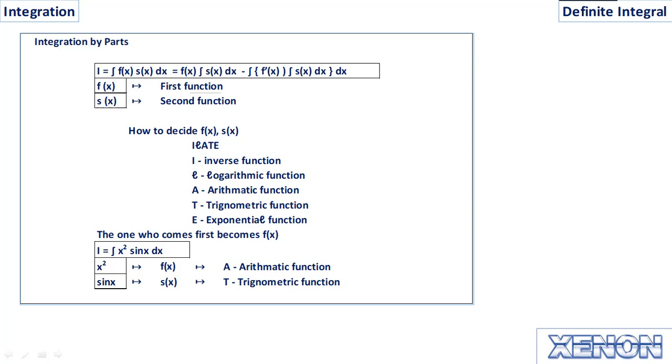So how will we decide the first function and second function? For deciding the first and second function, we apply the method of ILATE: inverse function, logarithmic function, algebraic function, trigonometric function, and exponential function. Right.